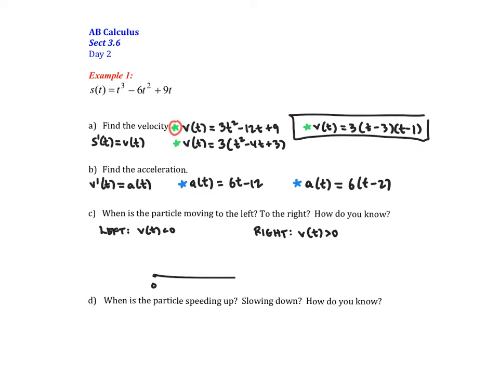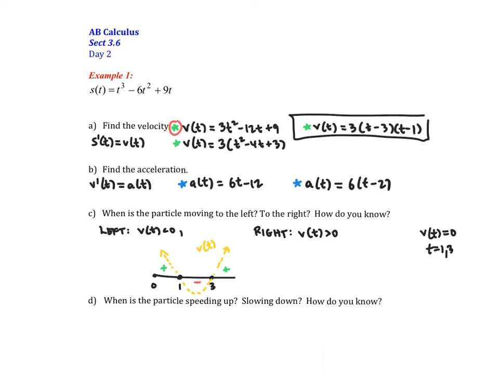Now I know v of t will equal 0 when t equals 1 and 3. Now if you imagine, of course, v of t is a quadratic and it opens upward. So you can imagine what v of t would look like, without being exact with coordinates. Clearly v of t would be greater than 0 on these intervals and less than 0 in between 1 and 3.